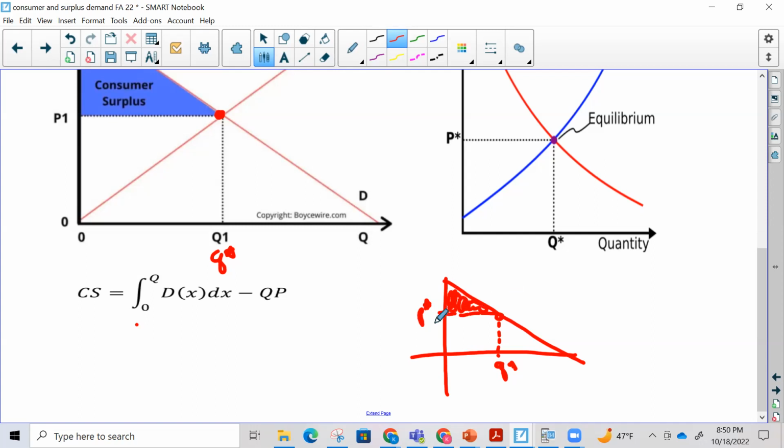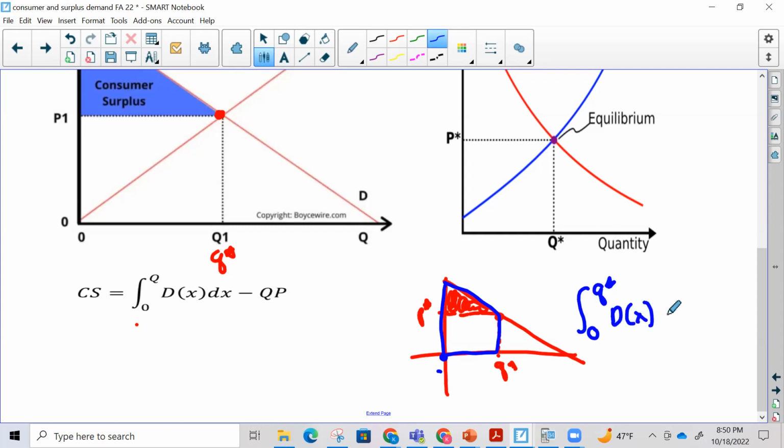To get that area, because it won't always be a triangle, we know that the area between this demand curve and the x-axis we can find by using a definite integral. We could take the integral from 0 to the x value of the equilibrium point, Q star, of my demand curve, D of x.